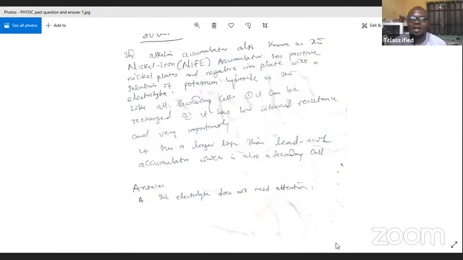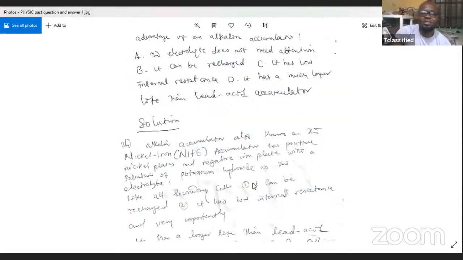And also, the nickel iron accumulator has a longer lifespan than the lead acid accumulator, which is also a secondary cell. So you can see that 3 of what is up there is already listed. It can be recharged, it has low internal resistance, and it has longer lifespan. So with that, you can easily pick out the answer.